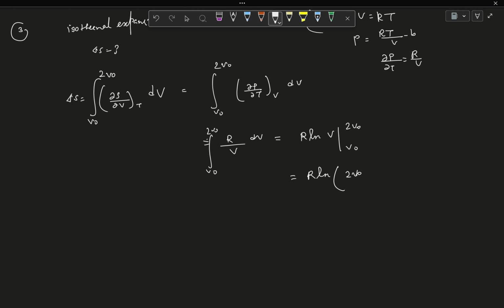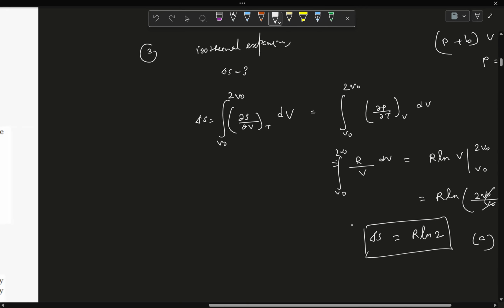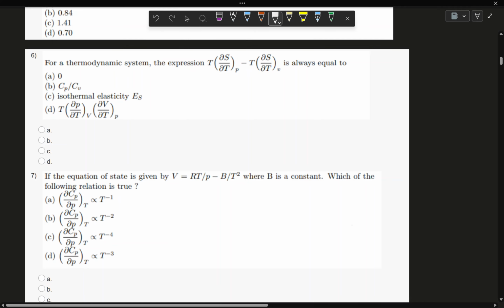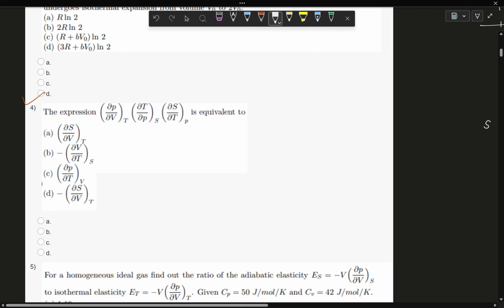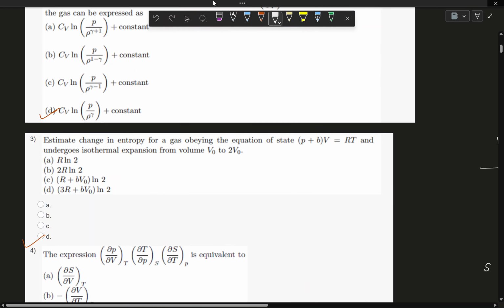So this is R ln 2V0 by V0. This is R ln 2, which is delta S. This is the final answer. So you can match that the answer is option A.